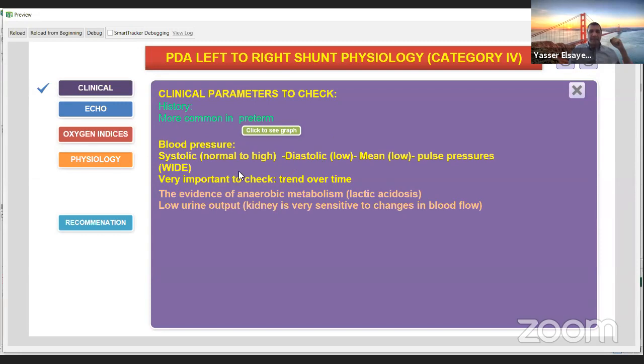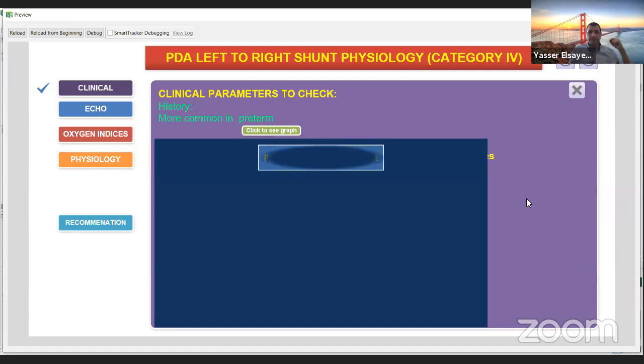Again, if you look at the history, you have a preterm infant, and if you look at the blood pressure, you will have a high systole, low diastole, and wide pulse pressure.